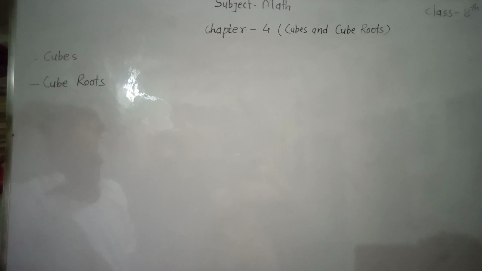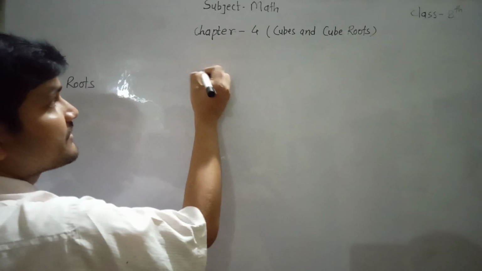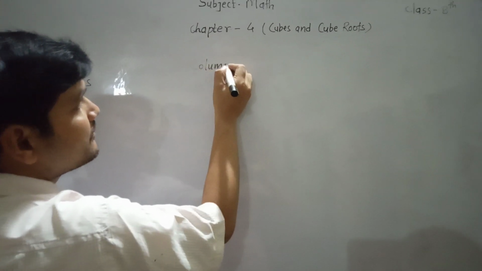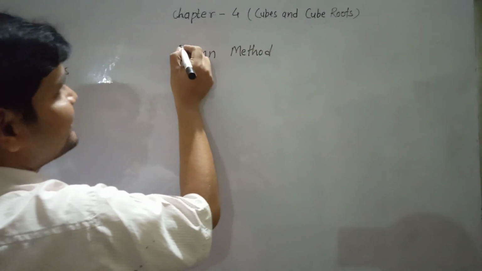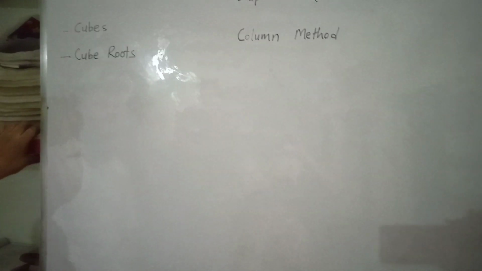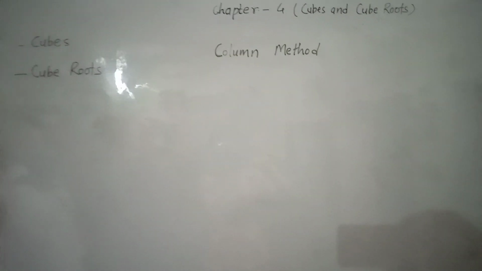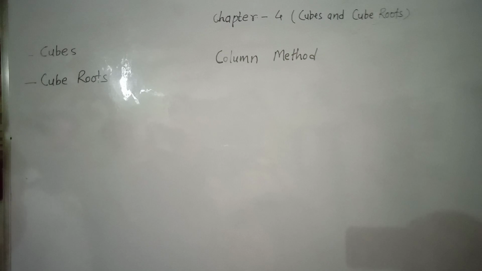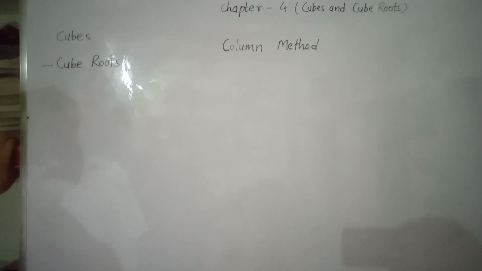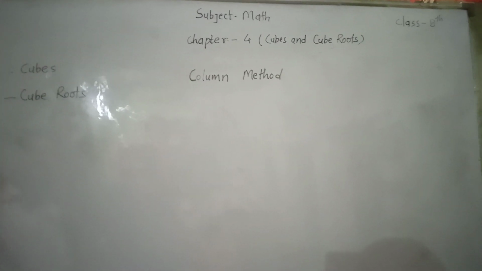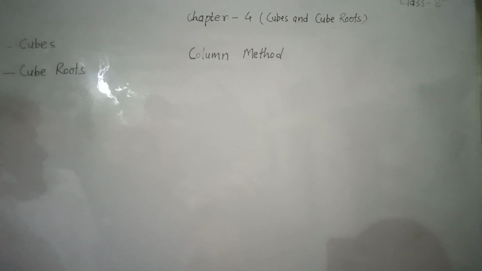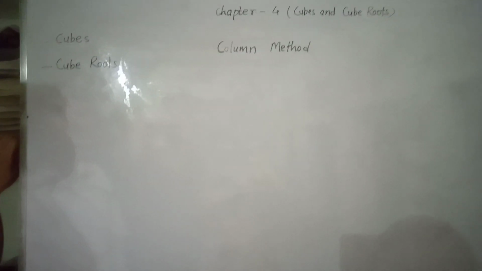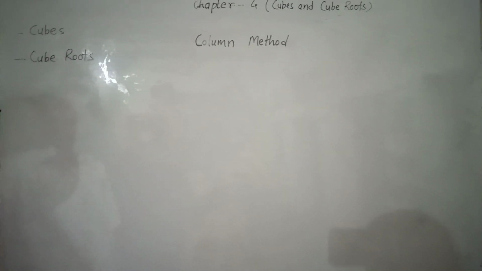The drawback of the column method is that we can take the cube only of those numbers which have 2 digits. If the number has more than 2 digits, then we can't take the cube with the help of the column method.